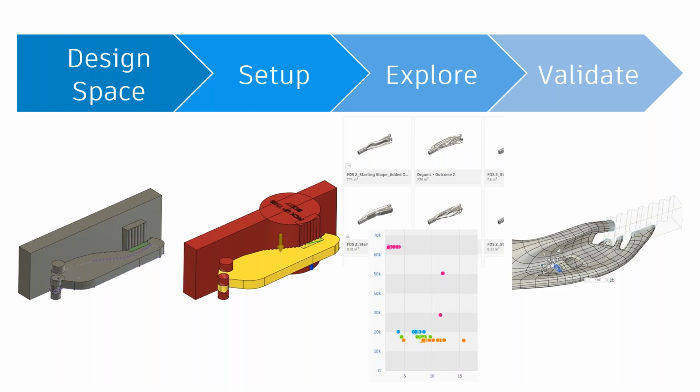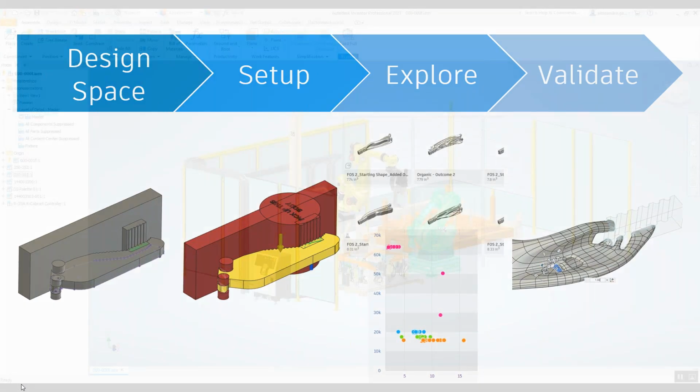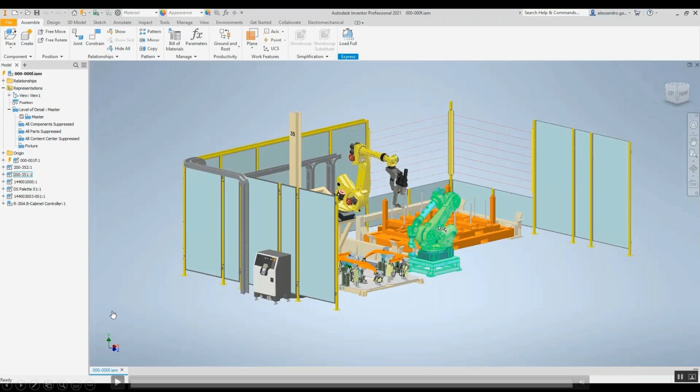You can convert them to an Inventor model, or you can use a native Fusion 360 file in Inventor. I'm going to show how you can modify those components in Inventor, and how you can also validate your modification before producing the real component.